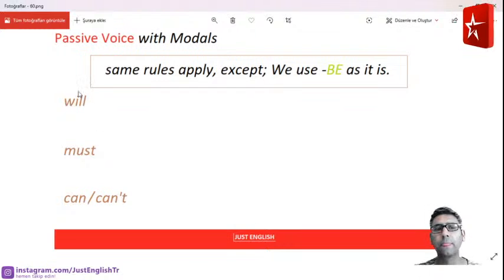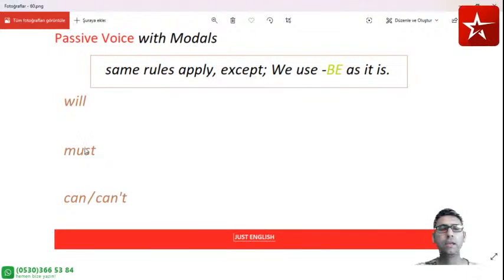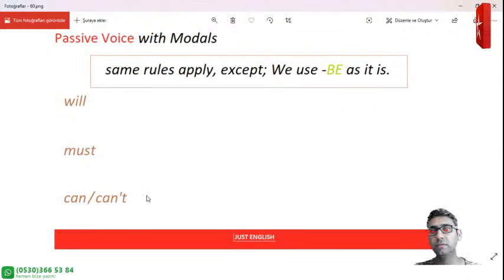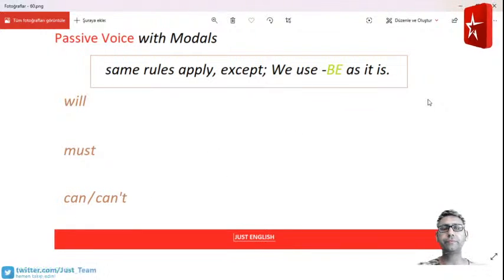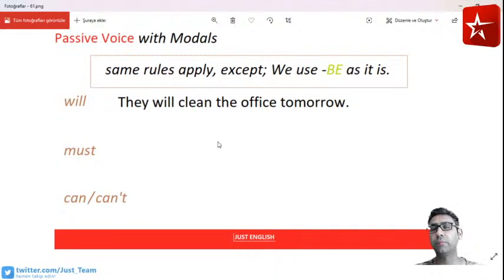For example, will. These are modals. All right. Must. Will, won't, must, mustn't, can't, whichever you like. For example, they will clean the office tomorrow.